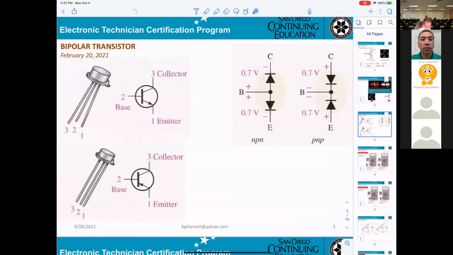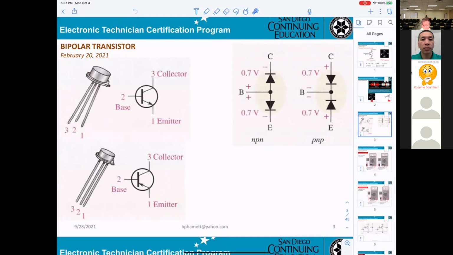But is the pin number 1, 2, 3 written on the transistor? Because the transistor is very small, we cannot see that easily. When you're working on a transistor, you're able to easily recognize pin 1, pin 2, pin 3. So are all three pins the same length or different?